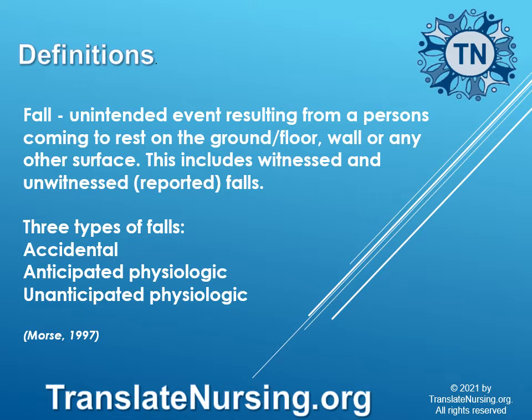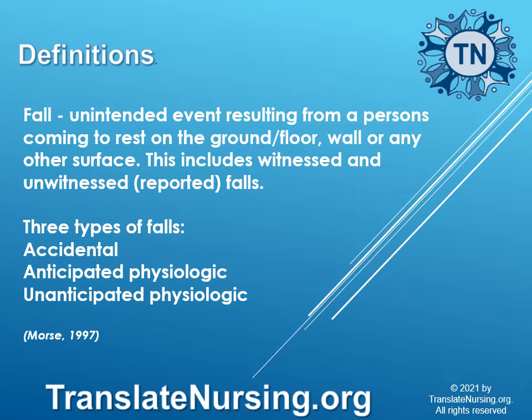According to Morse, inpatient falls can be classified into three categories. Accidental falls, which are derived from extrinsic factors such as environmental considerations: cords laying on the floor, a cluttered room, a floor not being even, slippery socks, those kinds of things.